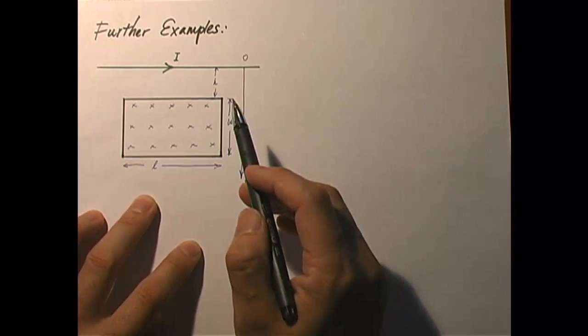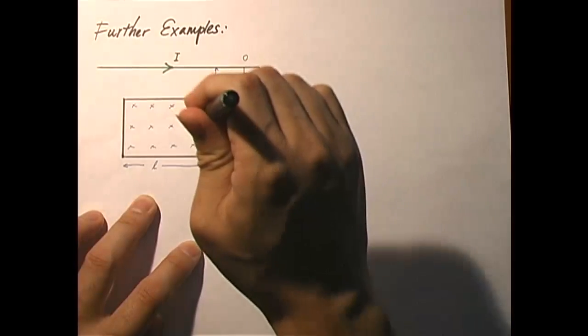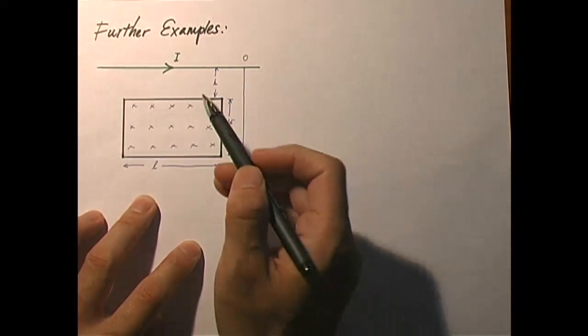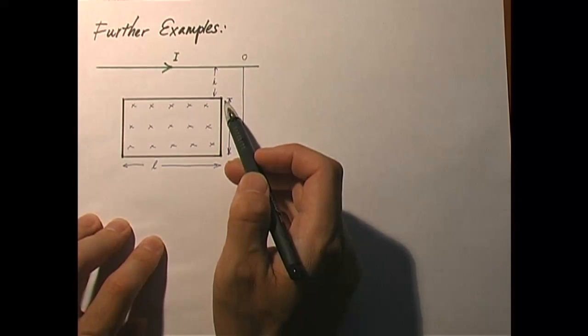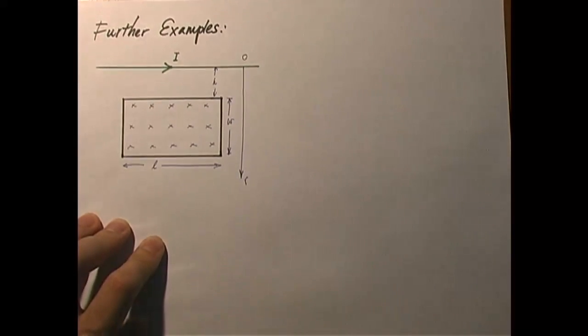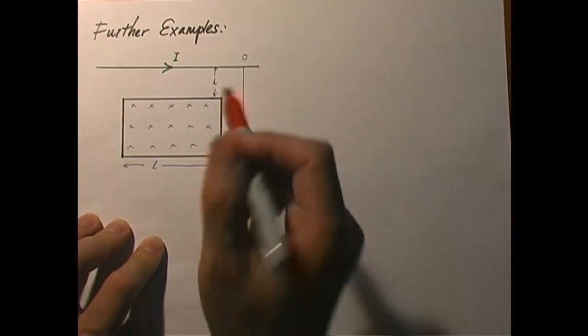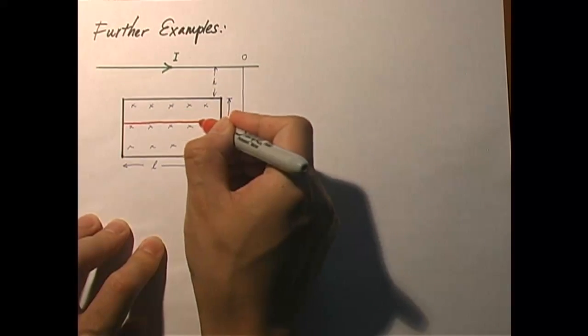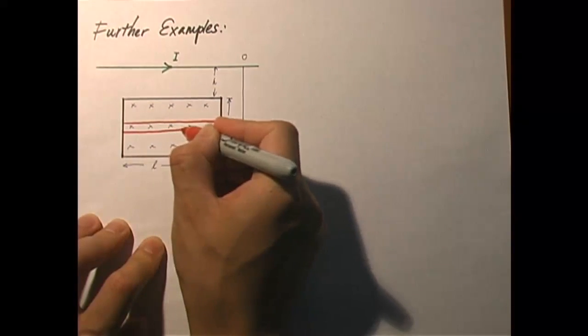The magnetic field lines go into the paper, and the magnetic field has the same exact magnitude for the same value of R. So let's consider a little strip between here and there.